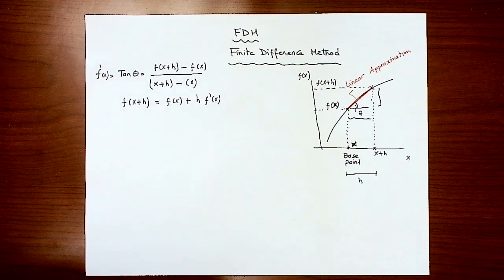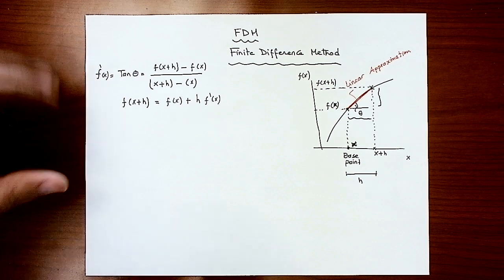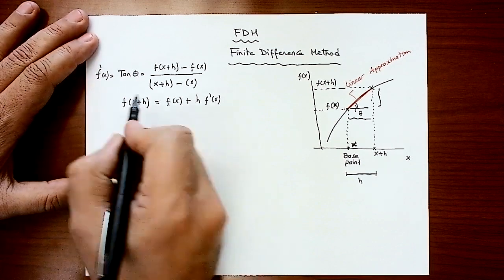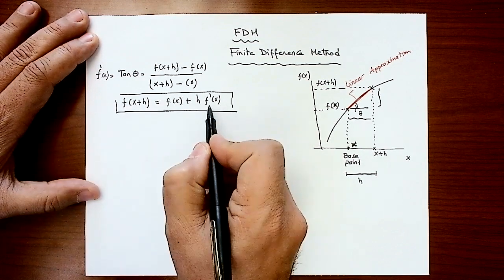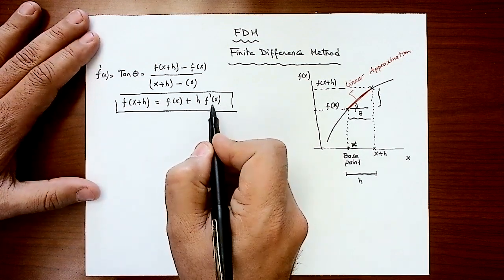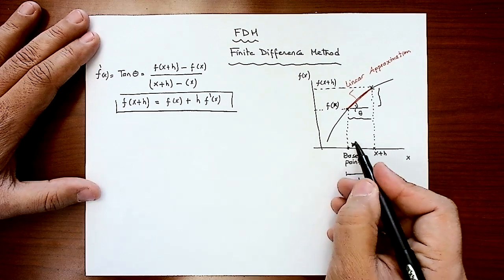So if I know the slope of the function, if I know a value of the function at a base point, I can predict the value of the function at a disturbed distance slightly forward of the base point. That's what happened here. So this will give you the value of the function by knowing the slope of the function at the base point x. Remember, x is your base point.